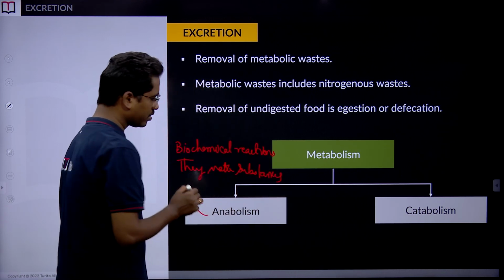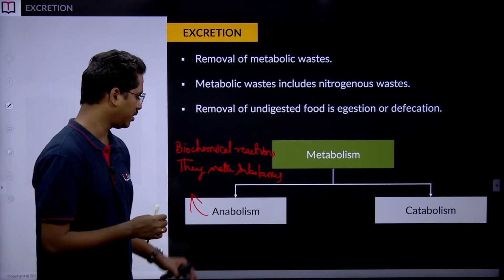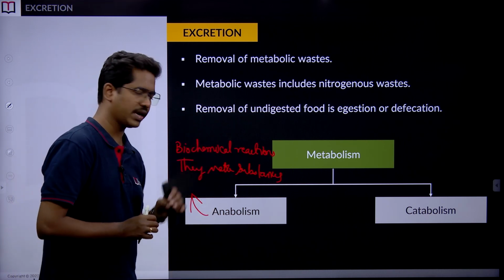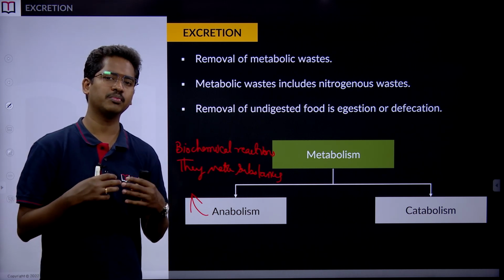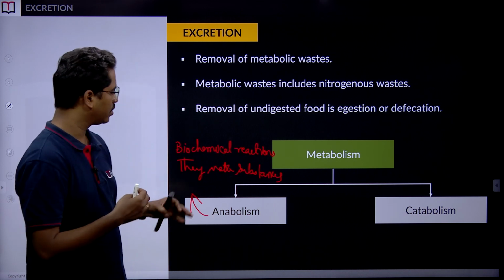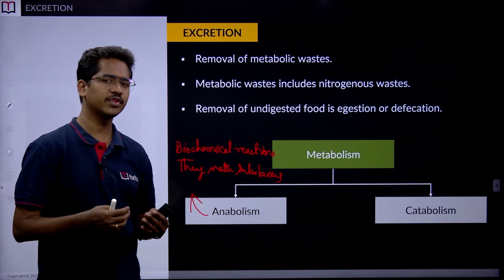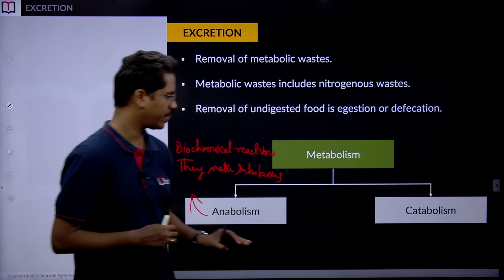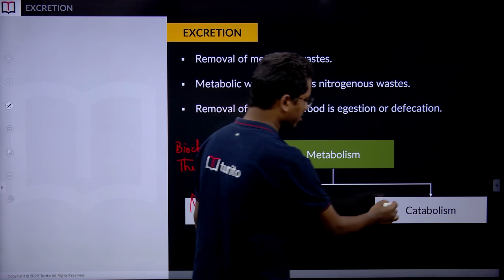There are several substances to be made within the body for the requirement of the body, right. So, anabolism refers to those reactions which occur in the body in order to make something. They will give some types of products. Along with the products, byproducts are released. The same stands for catabolism, with a main difference.